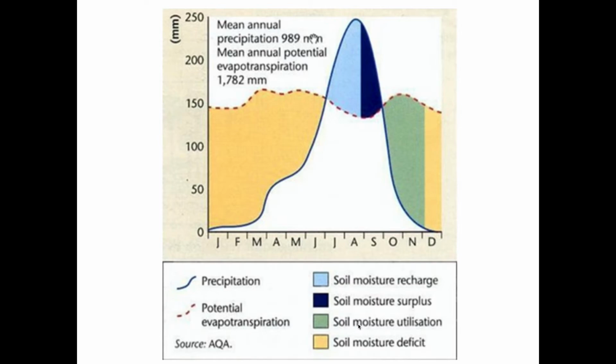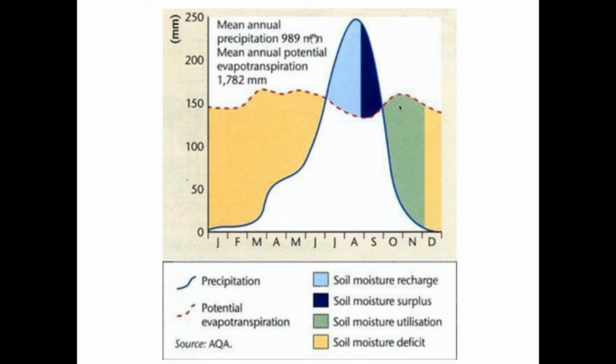So in September, October, there is more precipitation than evaporation. So there is surplus water in Ghana. It's a possibility they might have a flood at that time of year. Then, October, November, they go into utilisation. The water is being used up. Evaporation is higher than precipitation.